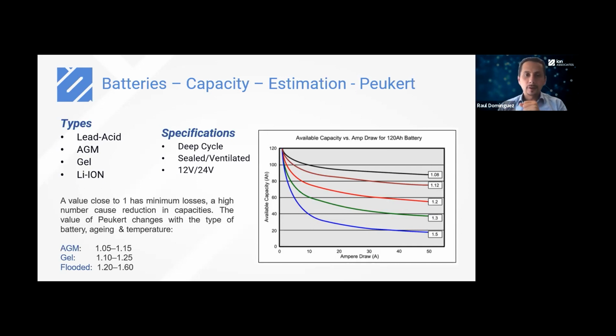And we can see in the graph that if we draw more amps from the battery, the total capacity is diminished. So we need to consider this when we are selecting the battery according to our own device that needs certain current, certain peaks, and to know how much it needs to be alive.